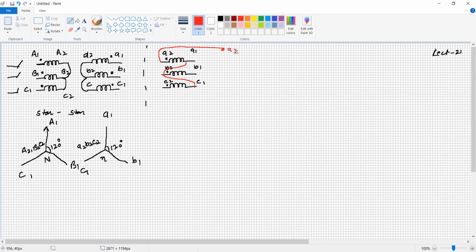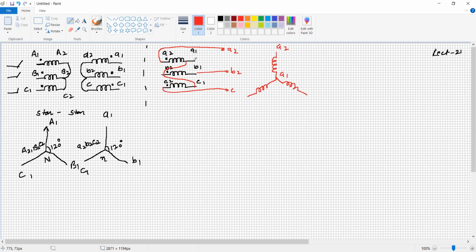This is B2 and this is C2. No doubt the connection is in star. Only the difference is, what is the difference? Here it is A2, and this is your A1 now.